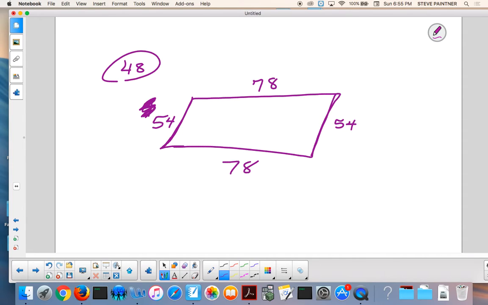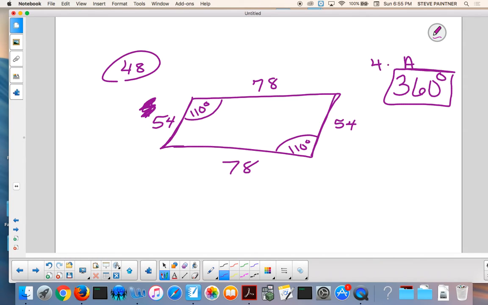Okay, next up, the larger angle is 110. Okay, let's go get that one. 110 probably here, and 110 here. The nice thing about quadrilaterals, 4-sided figures, is they always add up to 360 degrees. All 4 angles add up to 360.